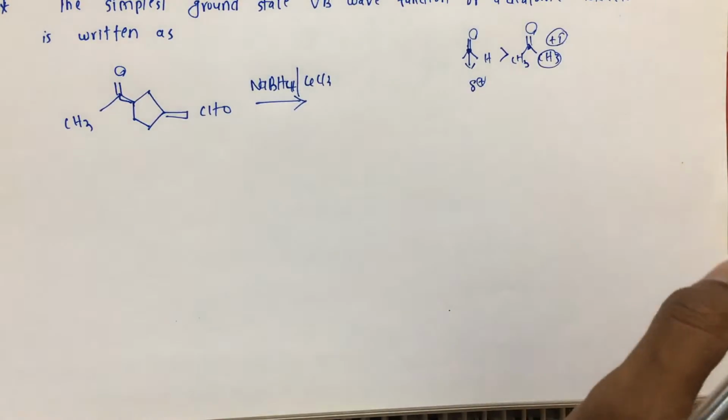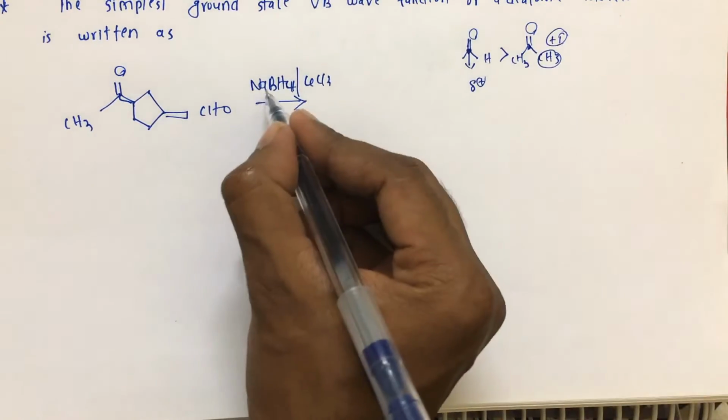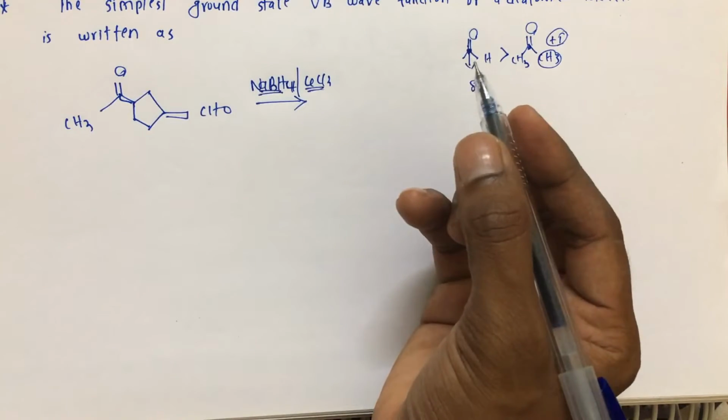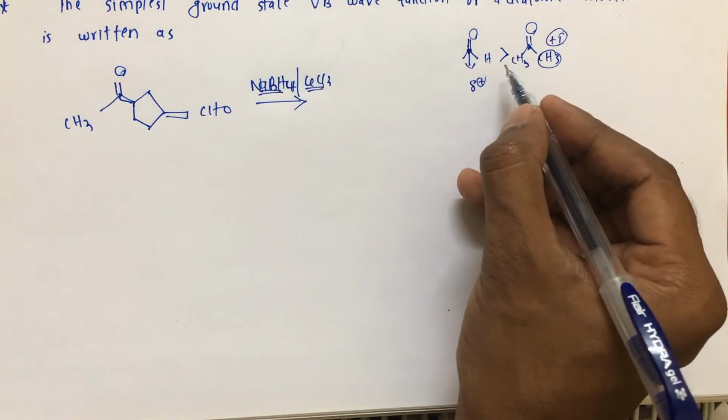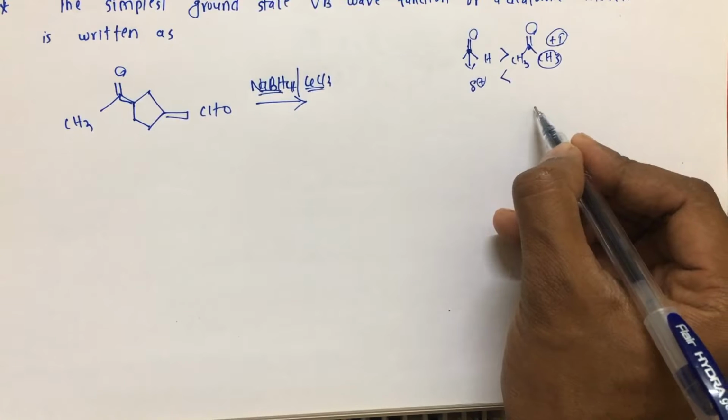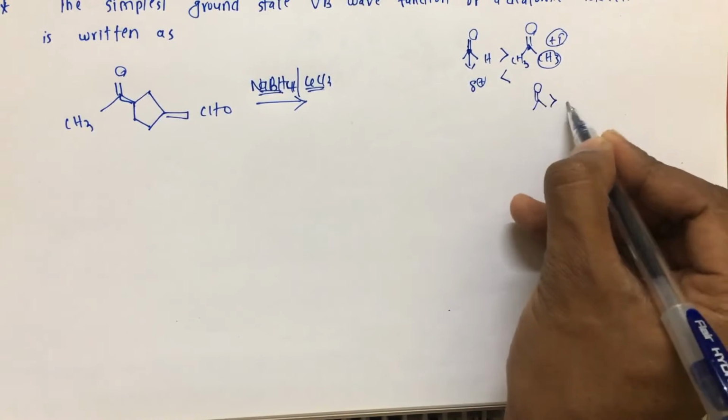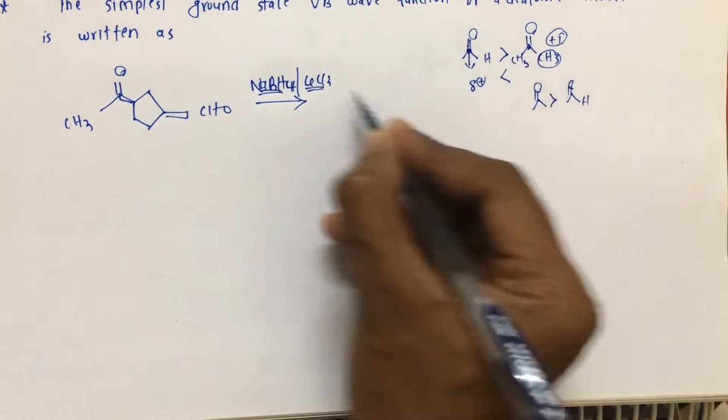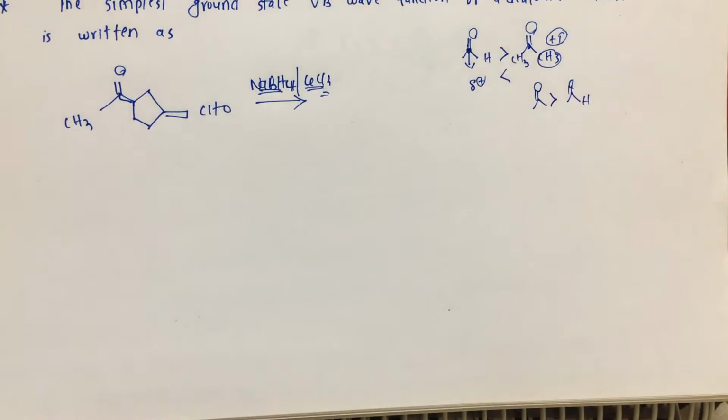This we know. But when we have sodium borohydride in the presence of cerium chloride, the condition will be reversed. The ketone carbonyl is more reactive compared to the aldehyde when cerium chloride is present.